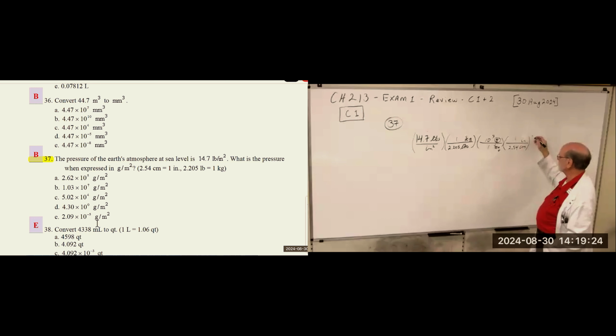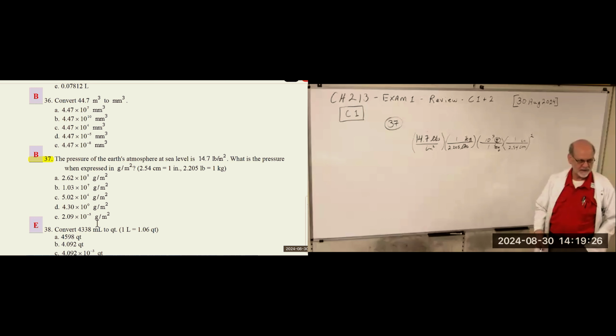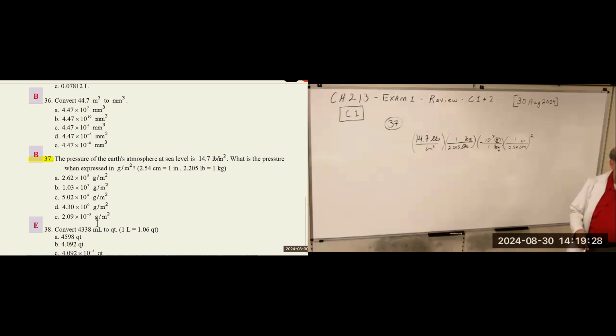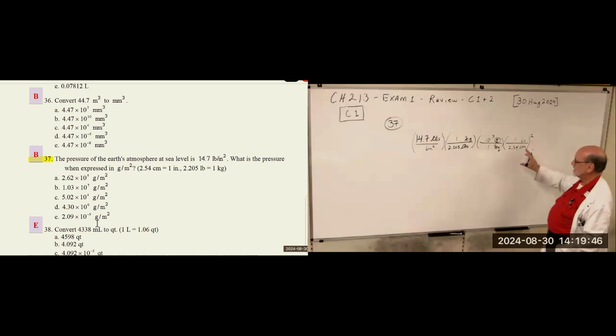So here's the solution. Square the whole thing. Right. 1 inch squared is 2.54 squared centimeters squared. Okay, so now we got square centimeters on the bottom.